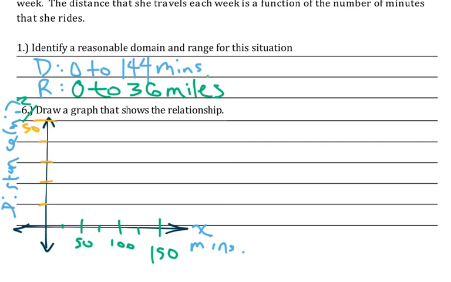So, if I feel comfortable that this relationship is direct, I could really just start at 0, 0, and then go all the way to about 144. I'm doing that in red because that's really just my eyesight. That's what I'm tracing up with my eyes.